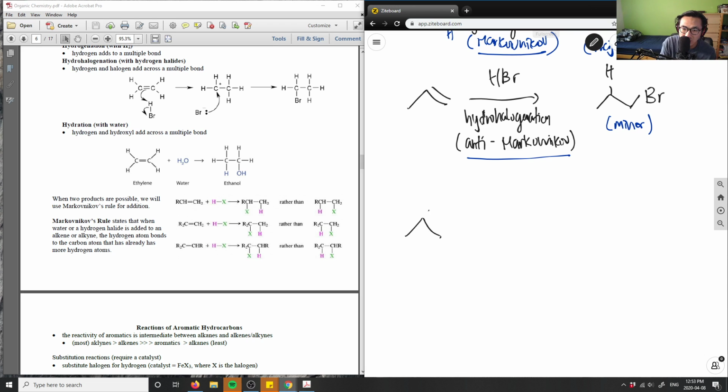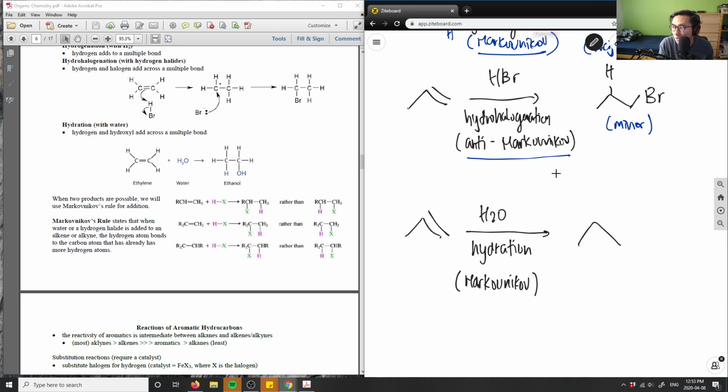So if I do hydration, this is my water, H2O, and I follow Markovnikov's rule, where is it going to bond? I'm still going to have a single carbon-carbon bond.